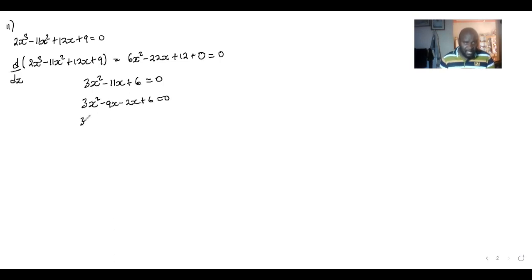You will have 3x brackets, x minus 3 bracket, minus 2 bracket, x minus 3 close bracket is 0. So we have x minus 3 and 3x minus 2 is equal to 0. It is from here that x is 3 and x is equal to 2 out of 3.